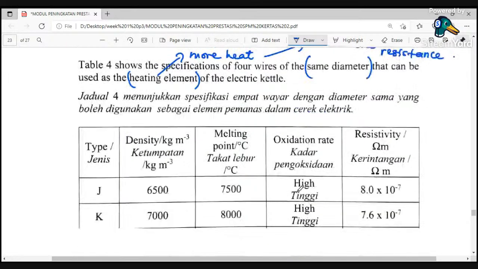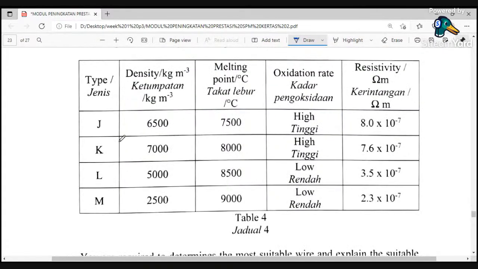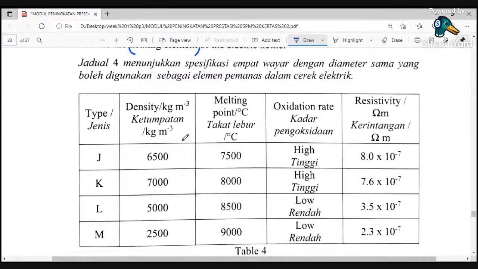Now we want to choose between G, K, L, M. The first one is density. The heating element used is very long, so a higher density will cause the total mass of the kettle to become larger.